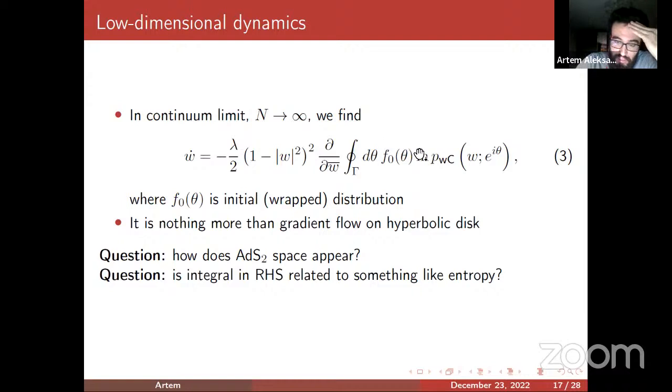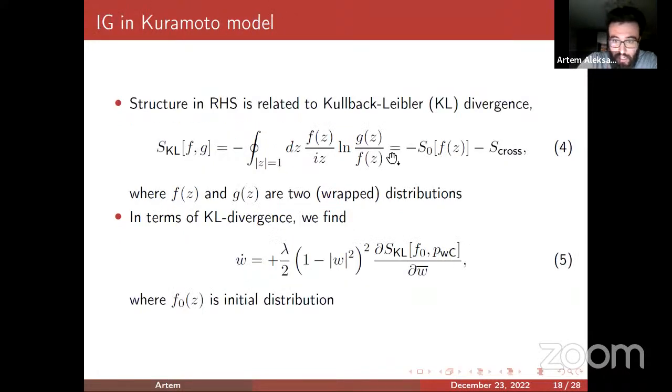And we would like to understand how the integral on the right-hand side is related to something like entropy, or maybe more interesting objects. And we have shown that the structure on the right-hand side is clearly the Kullback-Leibler divergence.